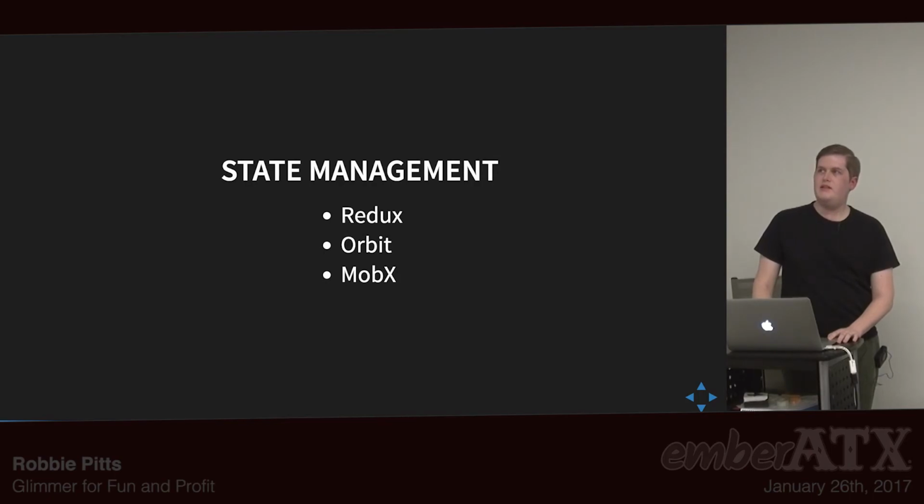So that brings us to the next thing that it needs, which is state management. You can store local state in your components and have a big state tree like that, but that's probably not the best idea. So you can use Redux, Orbit, MobX, whatever you want to do. I've chosen to do Redux.